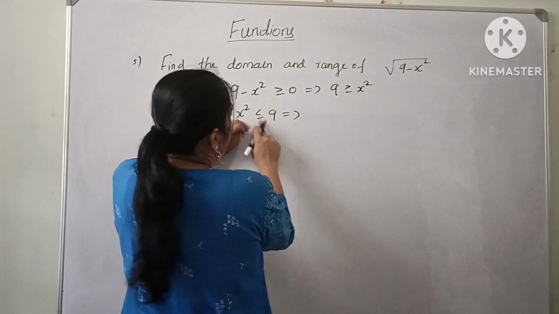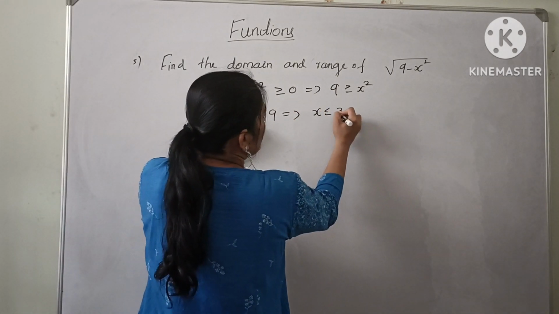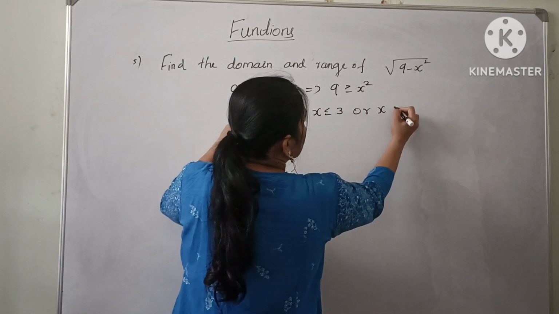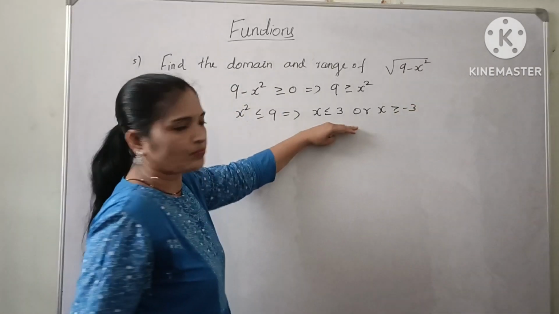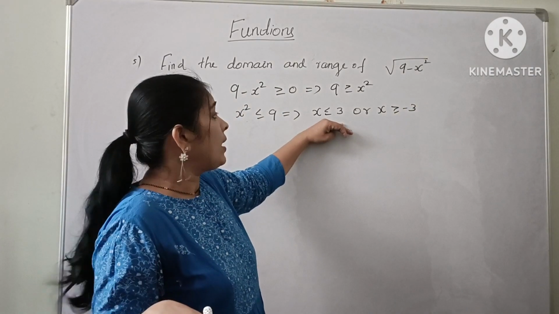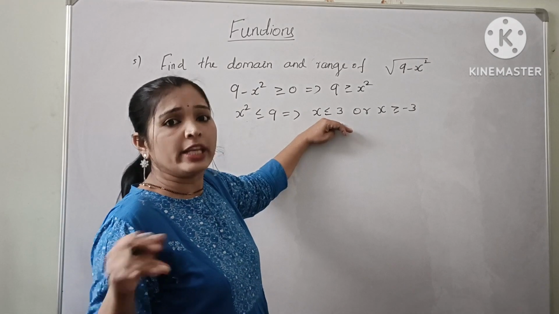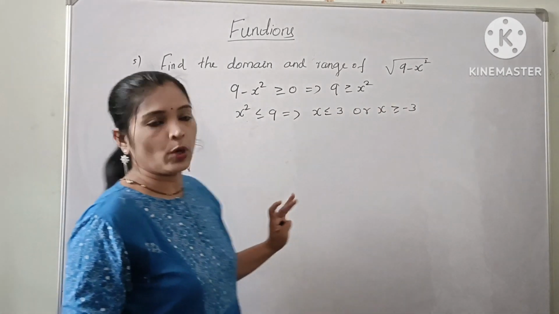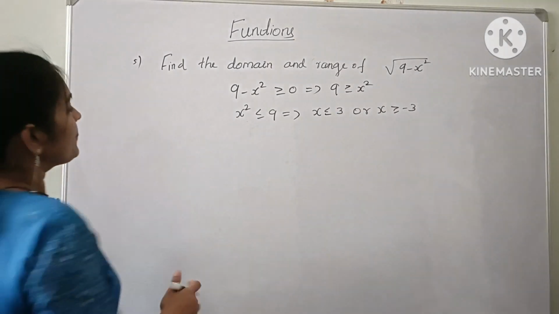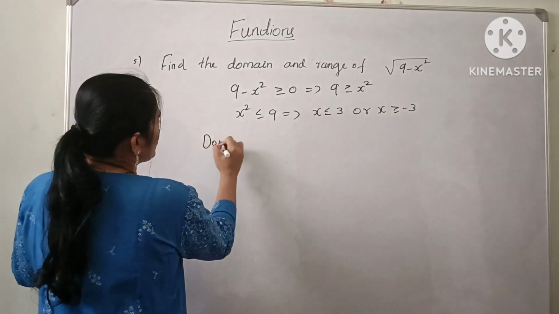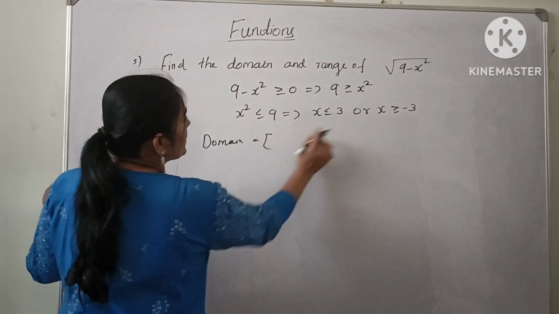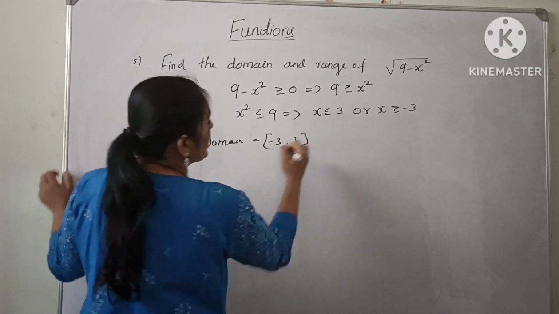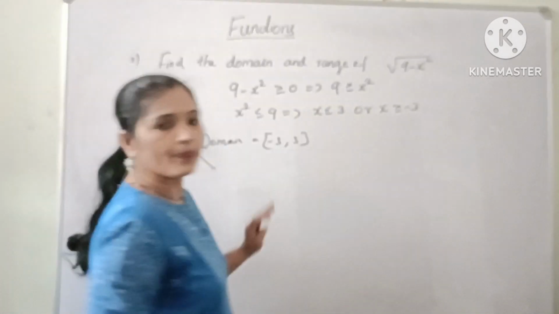That implies x is less than or equal to 3 and x is greater than or equal to minus 3. When we take the square root, the inequality will be changed on both sides. Okay. So here, what is the domain? So domain is nothing but minus 3 to 3. Okay, minus 3 to 3.